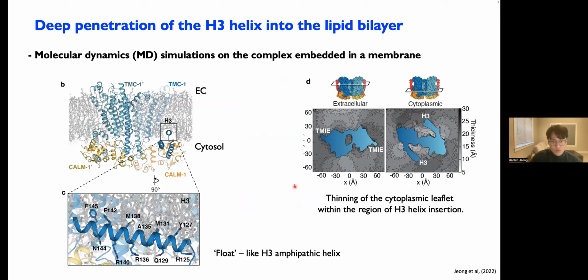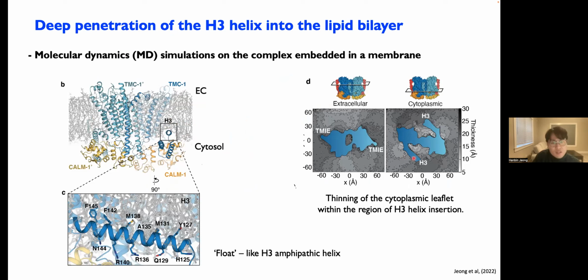And one thing I want to show you is the simulation work from our collaborator. The group put the complex structure into a lipid bilayer, and interestingly, the amphipathic H3 helix on TMC1 inserts deeply into the membrane and lies almost parallel to the membrane.